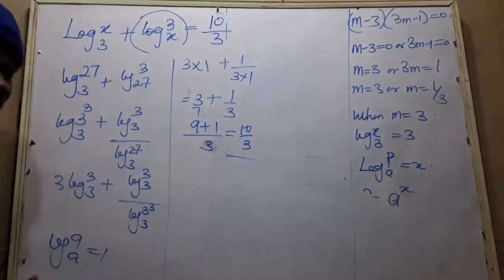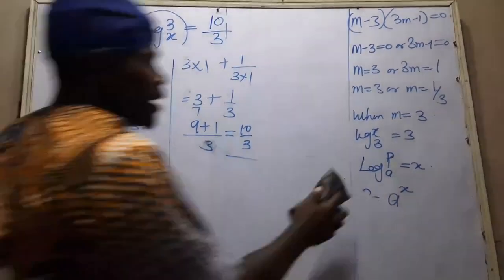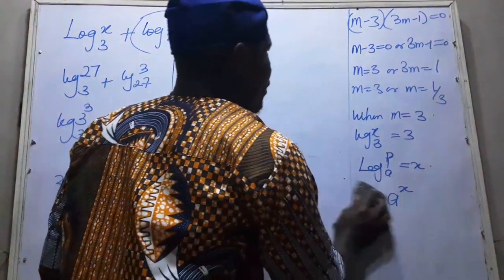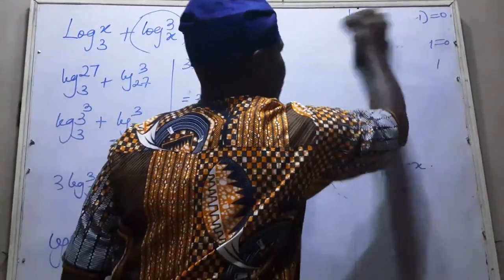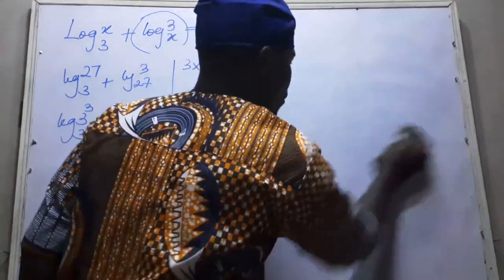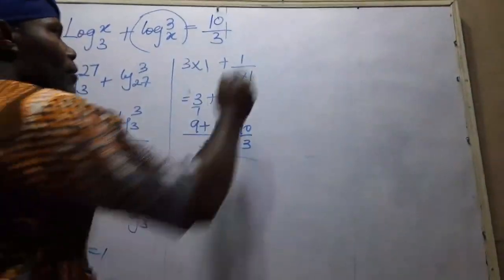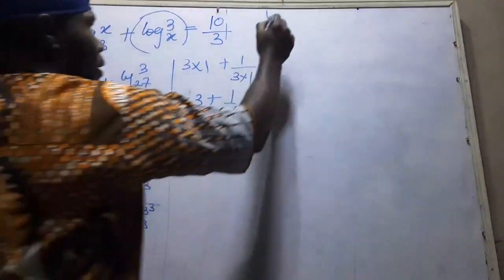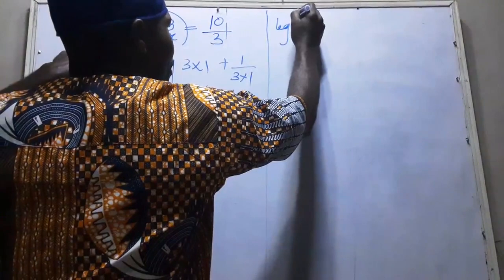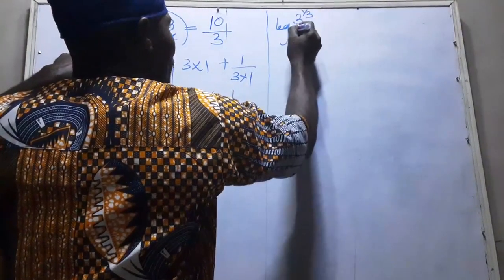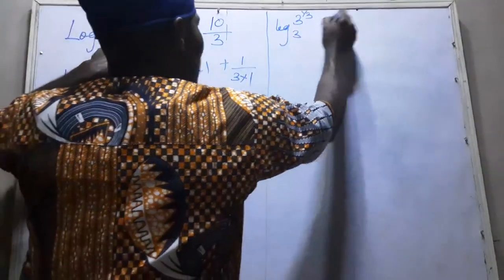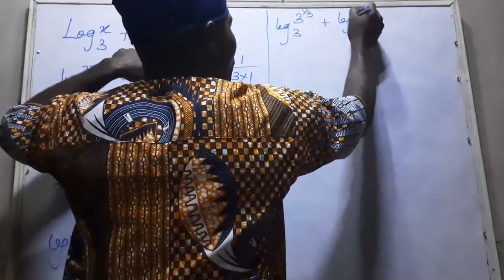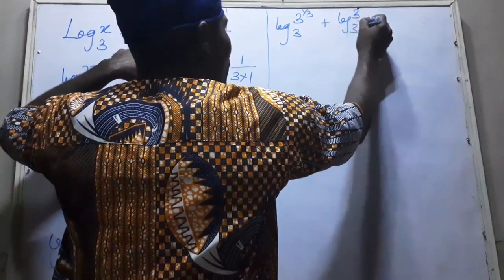Let's also cross-check when x is the cube root of 3. Let's cross-check that to know maybe we are right or wrong. So we have log 3 raised to power 1 over 3 base 3 plus log 3 base 3 raised to power 1 over 3.